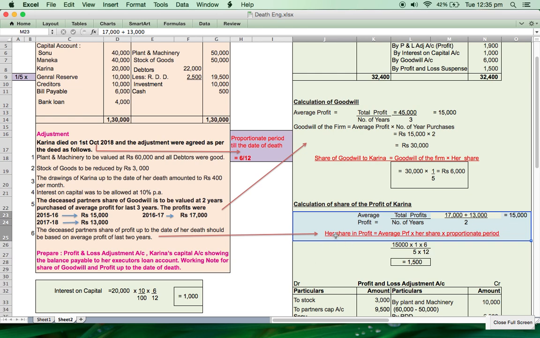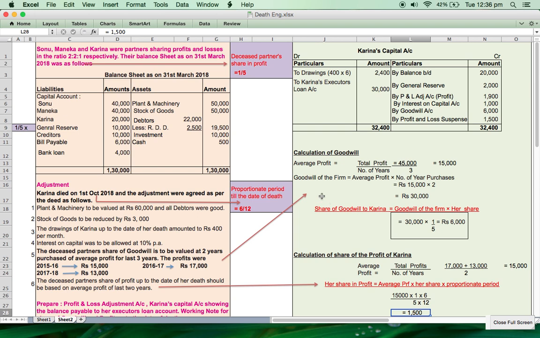Now her share in profit will be calculated using this formula: average profit into her share into proportionate period. So 15,000 into 1/5, which is her share, into 6 upon 12, that is the proportionate period. We will get the amount of rupees 1,500. This is her share in profit.